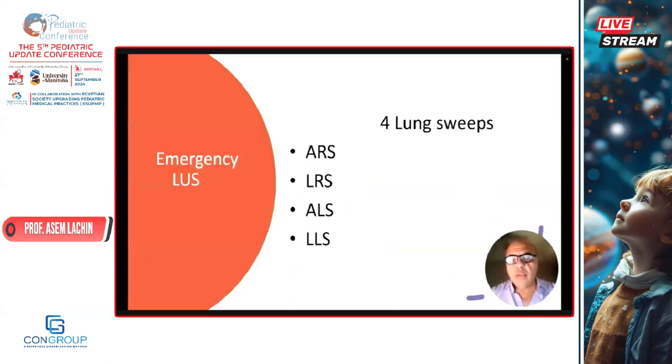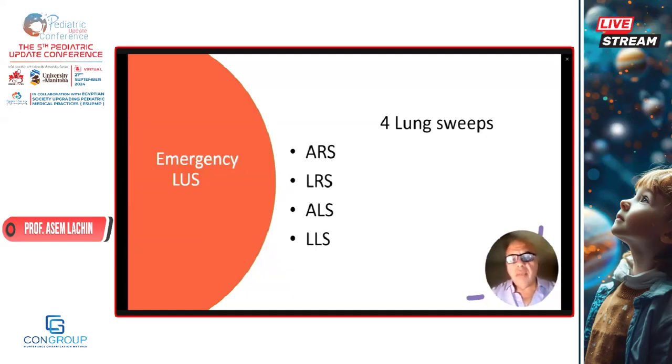Notice, we are not going to do the ordinary lung scoring with the 6 markers of the lung on the right, R1, R2, R3, L1, L2, L3, and for the effusion, the R4 and L4.